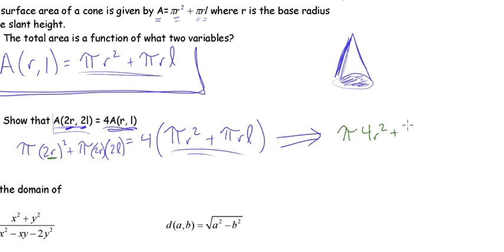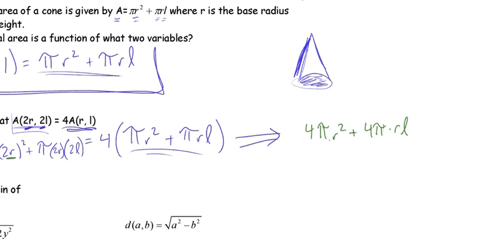That's going to be pi times 4 times, what is that, RL? Actually, let's change that up, because normally we'll have 4 as the coefficient up front. So 4 pi r squared and then 4 pi RL. All I did was switch the pi and the 4 there.